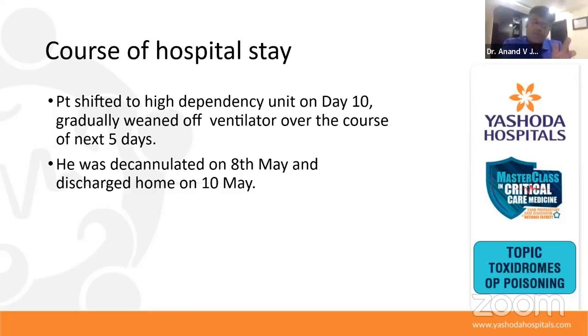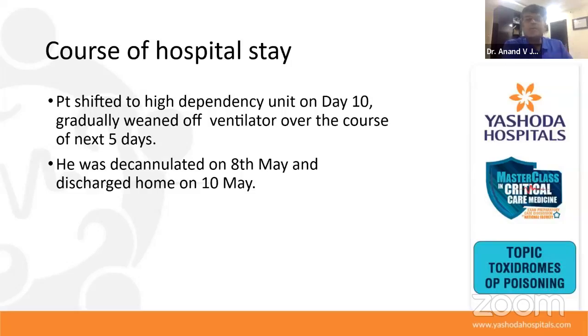So let's focus on OP poisoning for now, and then we will go to the general approaches. These are the factors you need to take into consideration from the therapeutic point of view. Many times they wake up and get up. A fat person comes in, has taken a little bit or half the amount, and he wakes up because the volume of distribution is high.